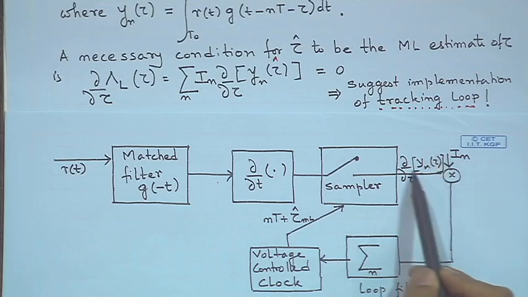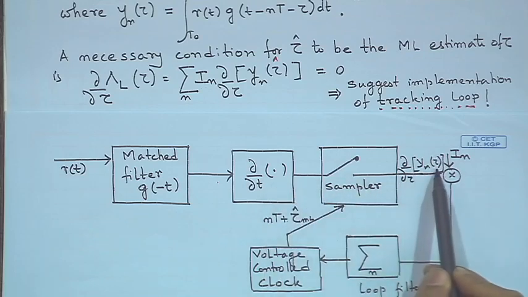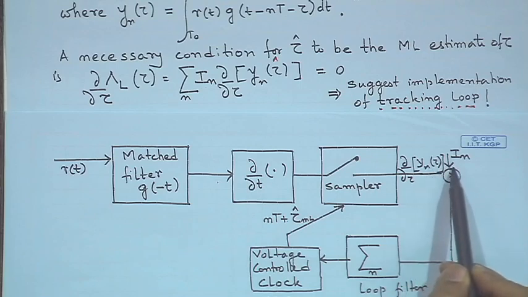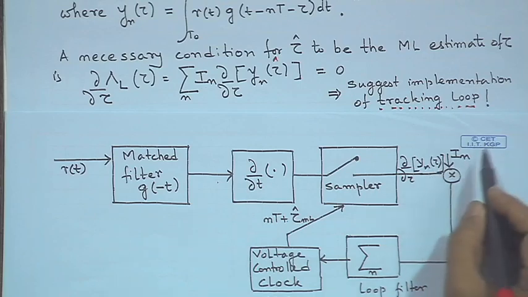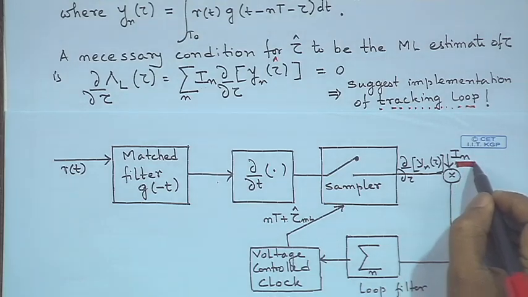So, what you have at this point is the first derivative of Yn of tau, right, and here you multiply In. So, this In could be from prior known symbol sequence, or it could also be from decision detected.